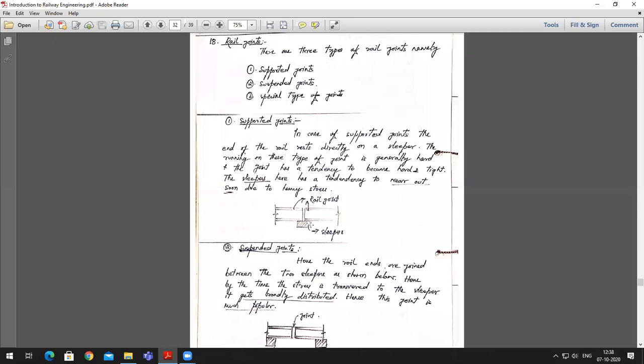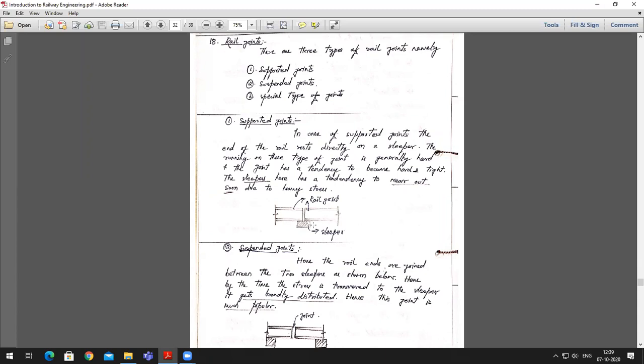The only problem that we face here is that as the joint starts becoming hard and tight, and vehicles move on the surface, when the wheel approaches this particular section, the vibrations or stresses will be induced at this joint, and then transferred directly to the sleeper first and then to the formation below. So the impact and stresses will be immediately given to the sleeper.